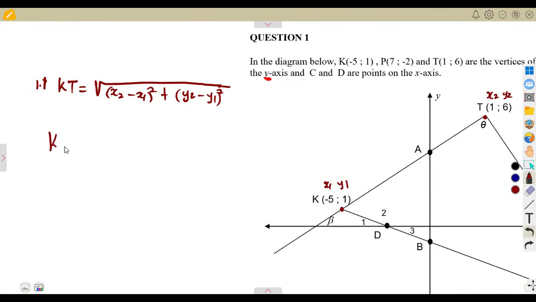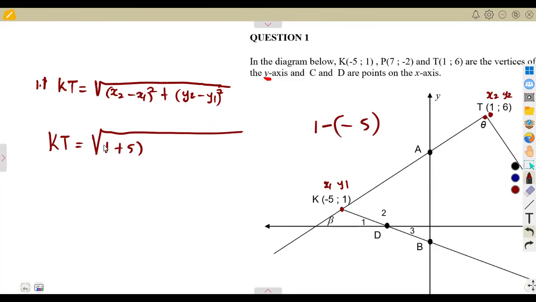We are simply subtracting the values that you are given on the x and also on the y. For x, it's 1 minus the x value there, which is minus 5, so 1 minus minus, which becomes a plus.